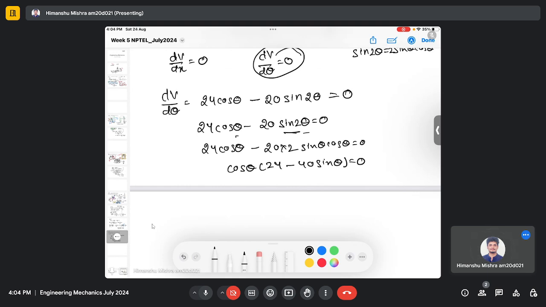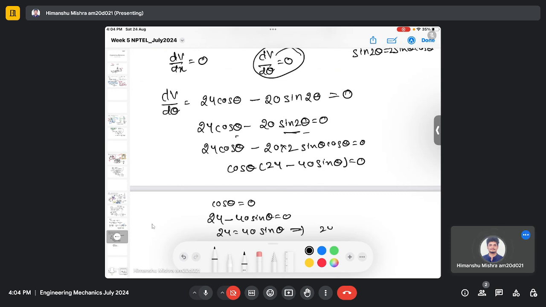So we get two sets of equations here. We can write cos theta equals 0, and we can also write 24 minus 40 sin theta equals 0, so 24 equals 40 sin theta.